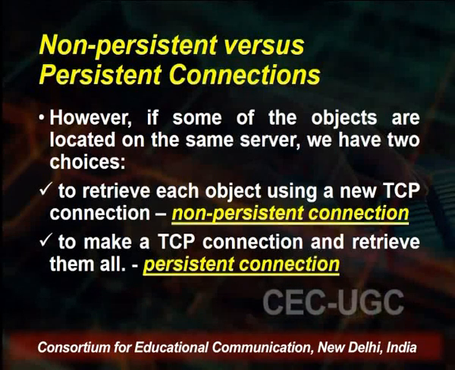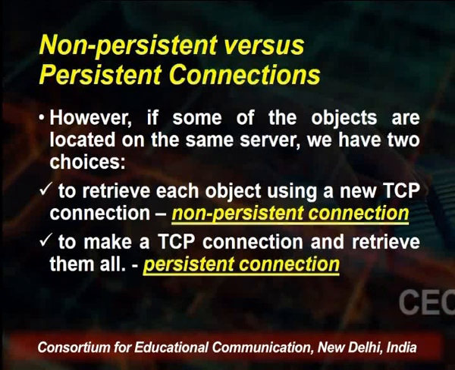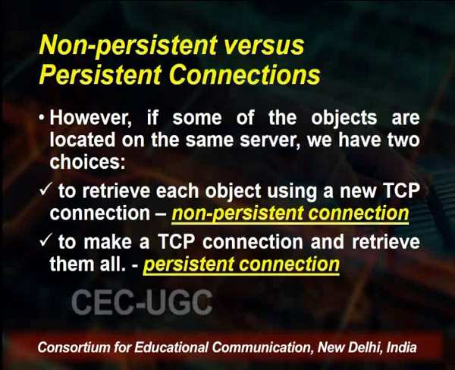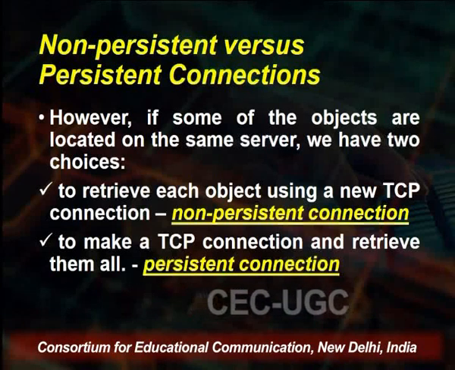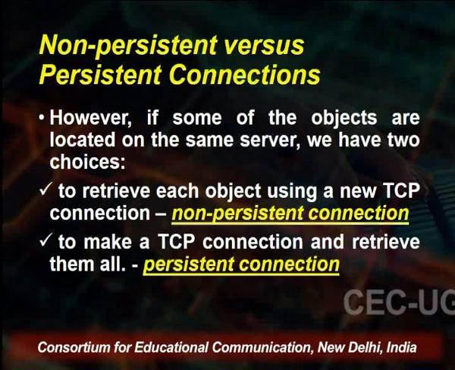Or you can go for a persistent connection, that is, you will make a TCP connection and retrieve all the objects through this single TCP connection. We are going to look at the pros and cons, and see which type of connection is more suited when you are trying to retrieve multiple objects from the same server.